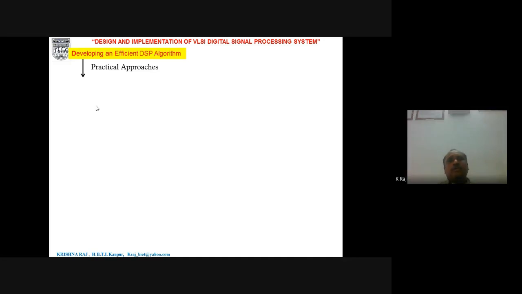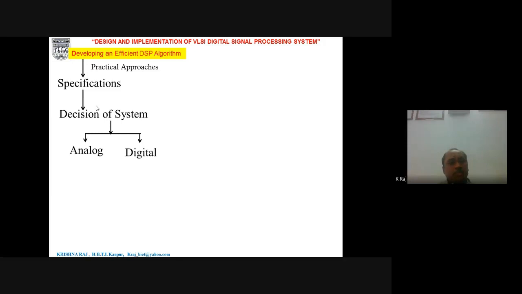So as we have discussed in the previous classes or in the previous semester also, that for the purpose of the efficient implementation, developing of the efficient DSP algorithm, whatever are the requirements given, we will apply the practical approaches in order to get the specifications. And then from the specification, after getting the specifications, next step is the decision of the system, whether we are interested for the designing of the analog system or the digital system.